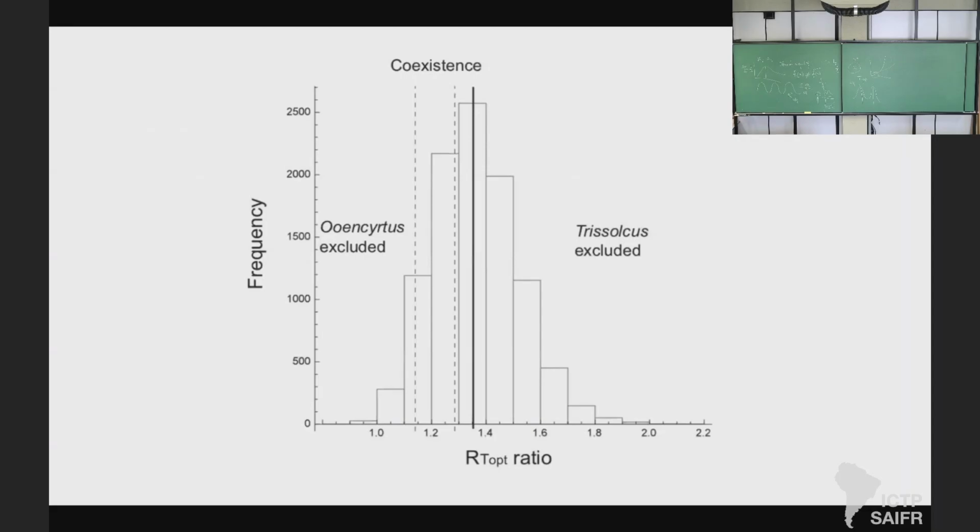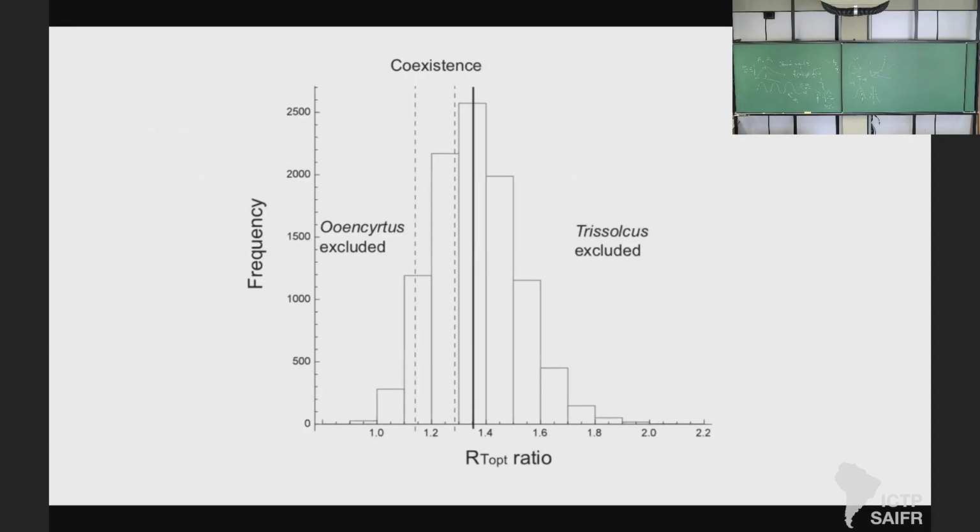So it's not coexisting through just this mechanism. But if Trisocus were to adapt a little bit, to be a little bit different, then coexistence is possible, right? It's kind of an interesting thing, because I almost felt like if we found coexistence, that would be kind of boring, because we kind of know that there's something else going on in the system: we have intraguild predation, parasitism.